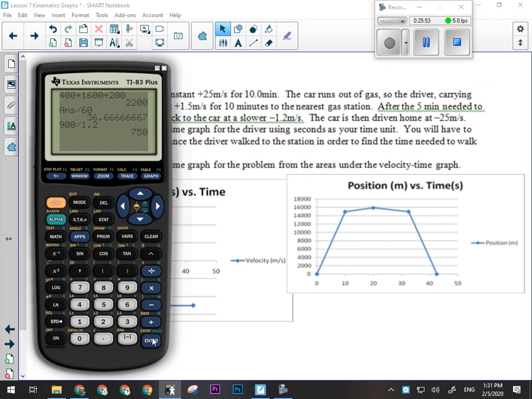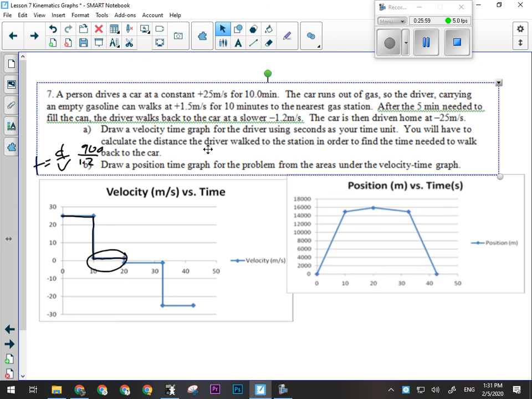So it's going to take 750 seconds instead of 600 seconds to get back to the car. So we draw the line that length, and then they travel back home. So 25 meters per second for another 600 seconds, and they're back home. Everybody okay with that graph?